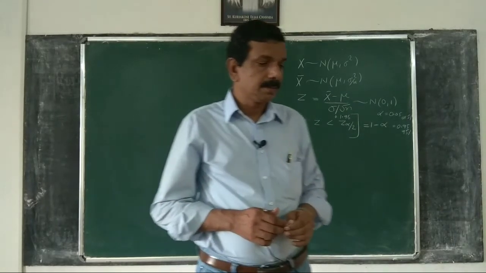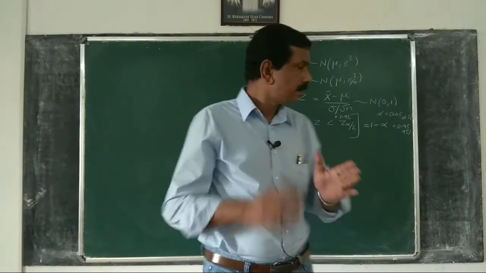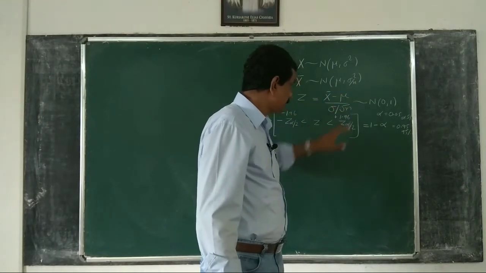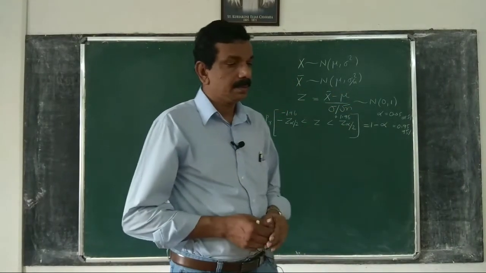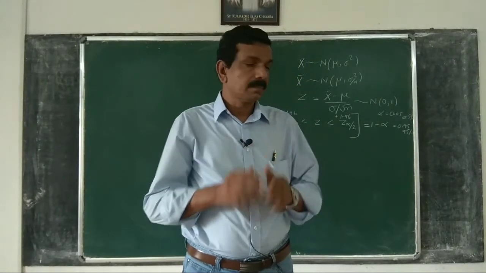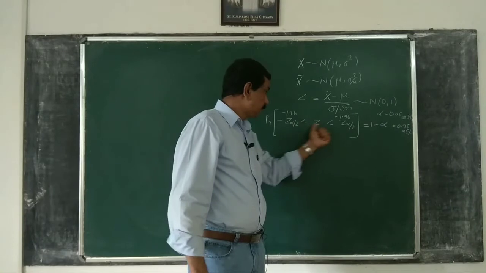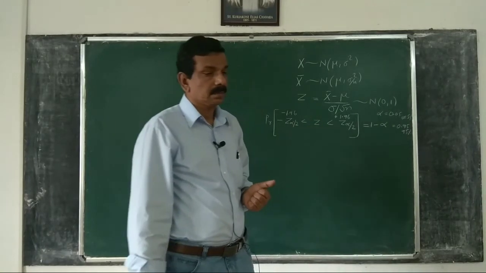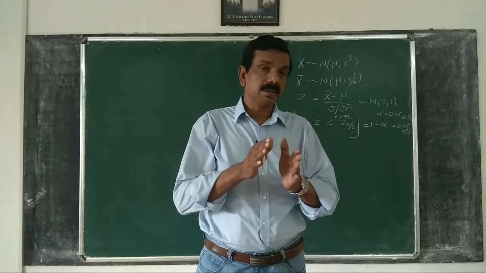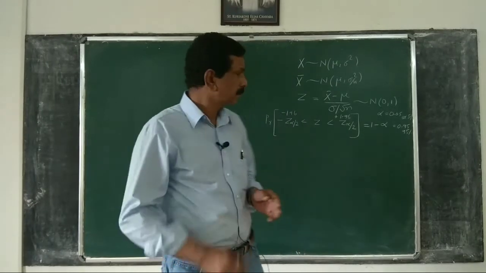So z in the middle is this z, that is x bar minus mu by sigma by root n, and z alpha by 2 is z for alpha by 2 level of significance, known as critical z values.